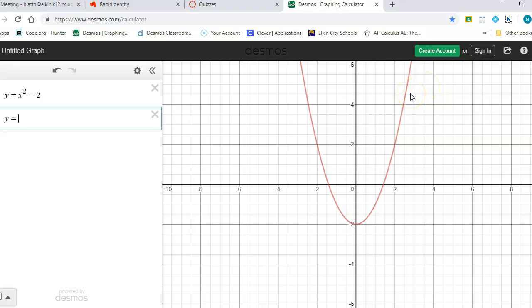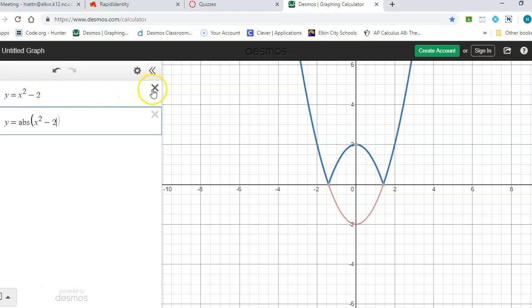If I do this, y equals the absolute value of x squared minus 2, look what happens to the graph. Everything right here stays the same, and everything right here stays the same because those are both above the x-axis, they're positive. But anything below the x-axis flips upside down. Okay, so that's what we're talking about here.